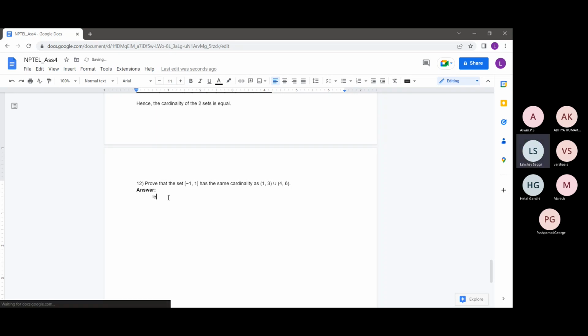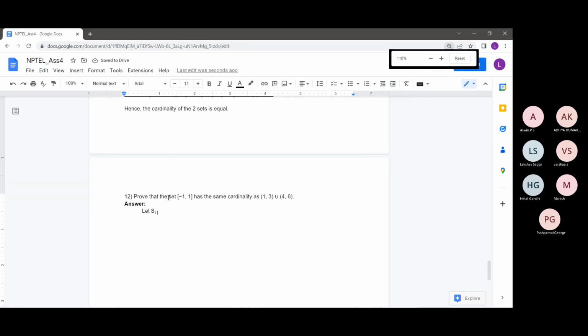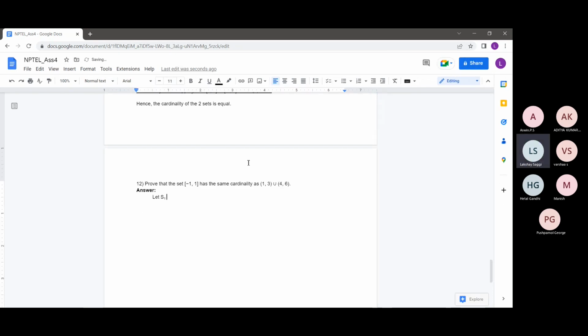So for easier reference, let S1 be this set -1 to 1, and S2 be this set 1, 3 union 4, 6. Basically all real numbers from 1 to 3 in closed interval and all from 4 to 6.